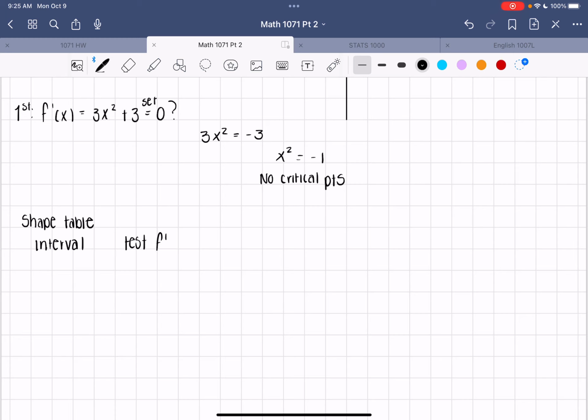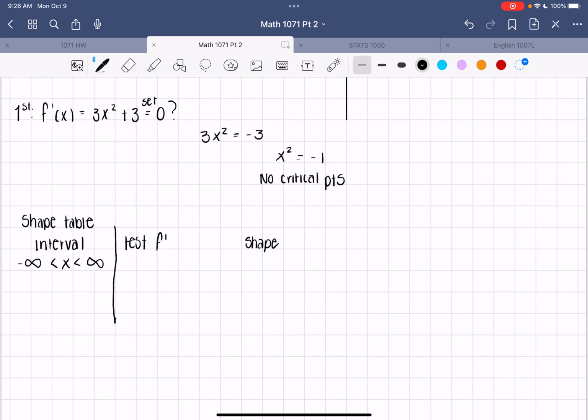If you have one piece of string and you make no cuts, you have one piece of string. You have only one interval, the whole real line. And so, let's find out. We only need to test one point.